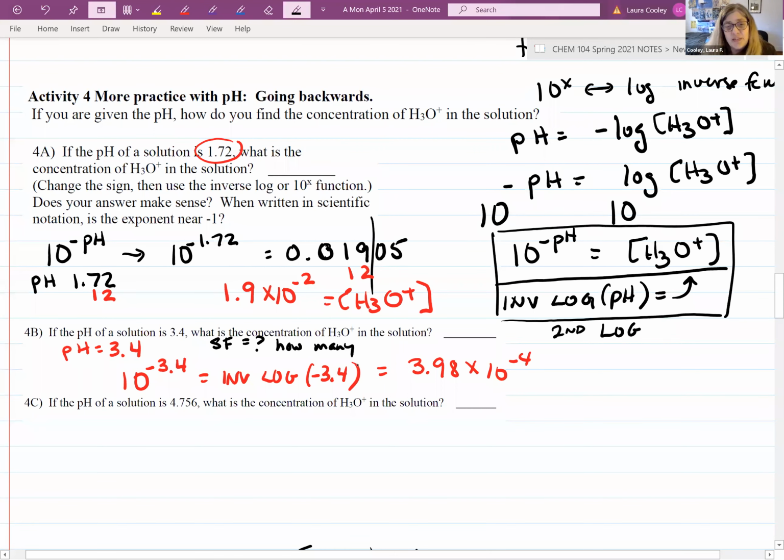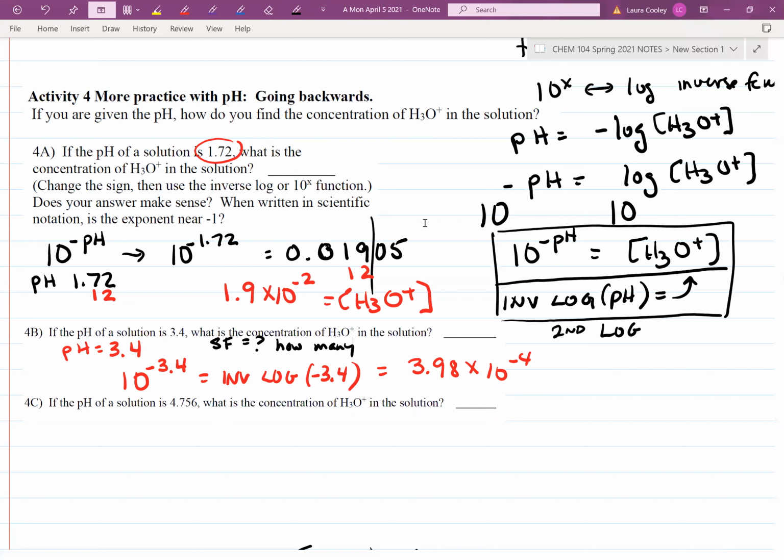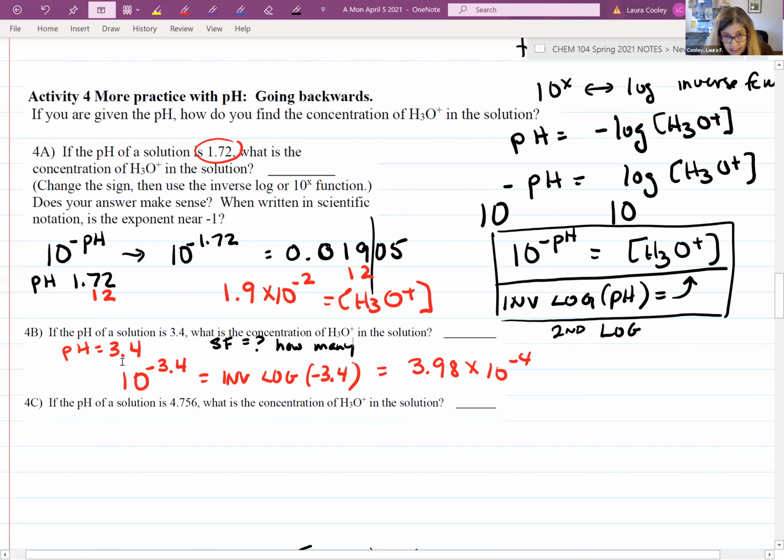It's the number of sig figs after the decimal point. Look at the decimal point in the pH. After the decimal point is 1 sig fig. There's only one digit.